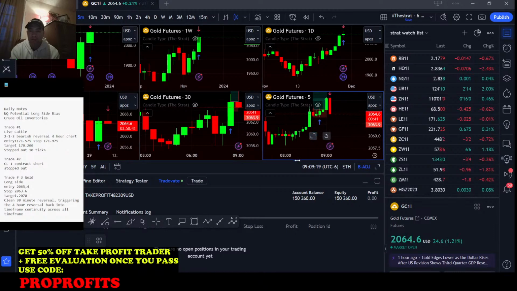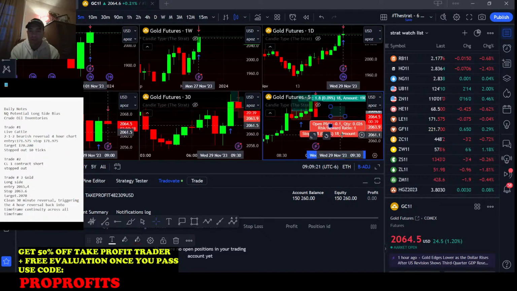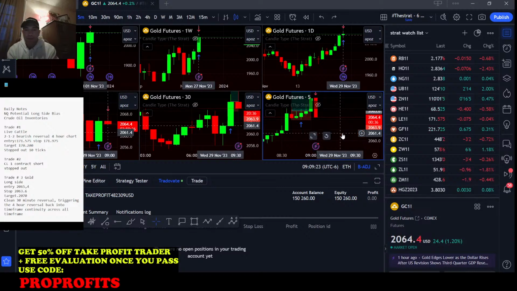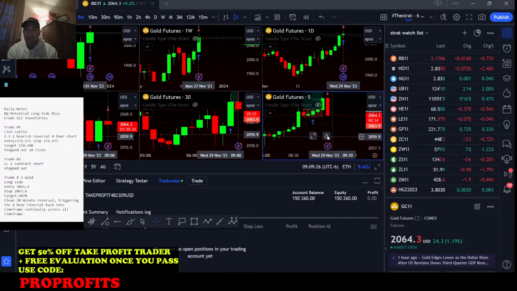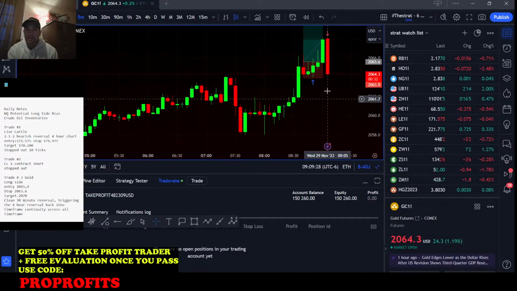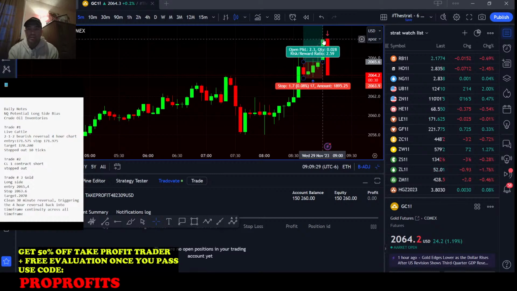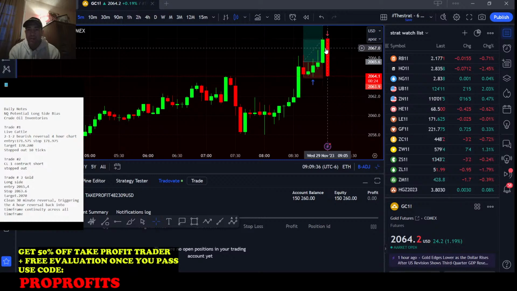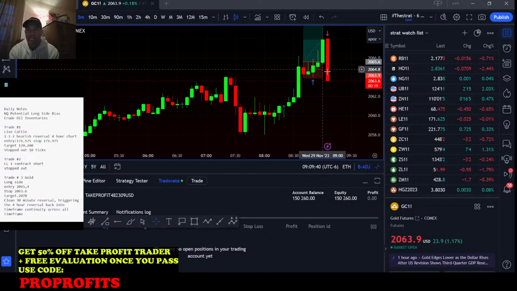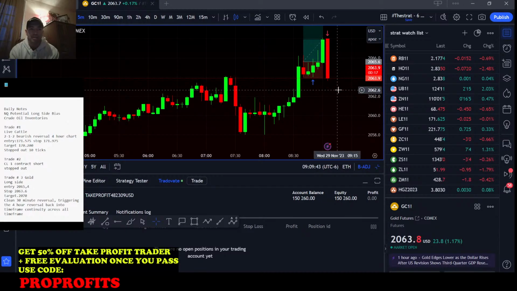Held through that because I wanted to give it one last chance, and then held through this candle, got up to about 24 ticks in profit. It started falling back, and I really just didn't want to get reversed on, which is exactly what's happening right now. Just dumping.